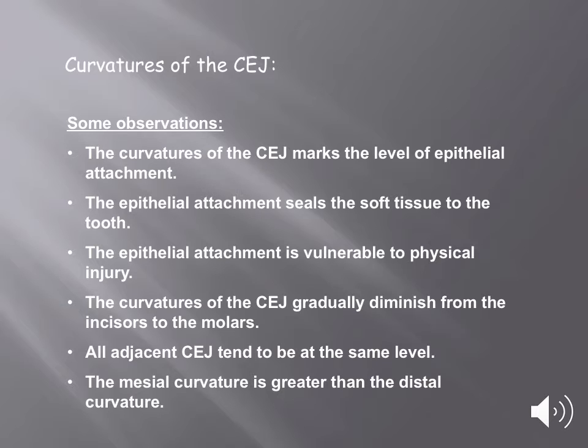The epithelial attachment seals the soft tissue to the tooth, and it is vulnerable to physical injury, and the curvatures of the CEJ gradually diminish from the incisors to the molars. So the curvature is more sharp for anterior teeth like centrals, laterals, and maybe canine. But towards the premolars and molars, it becomes flat. That curvature diminishes.